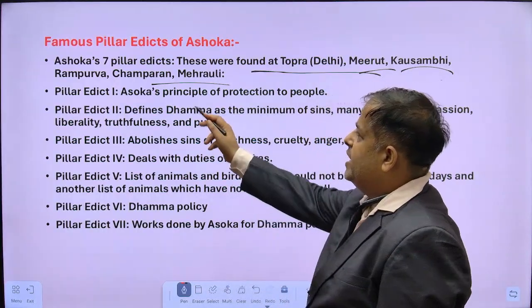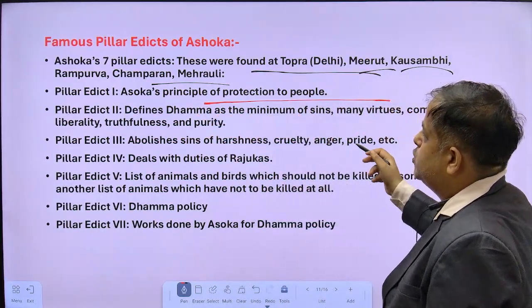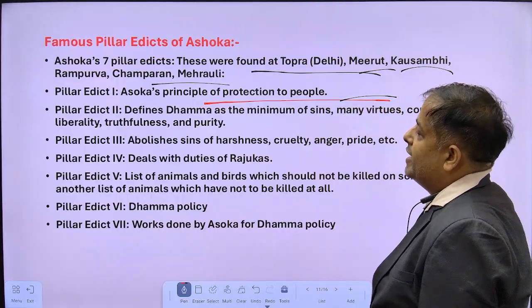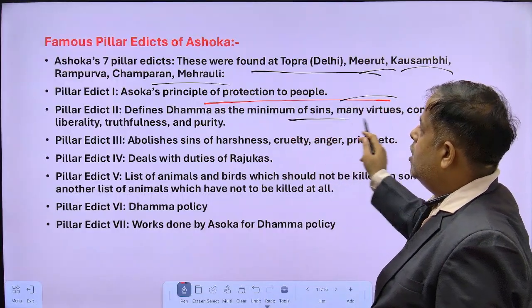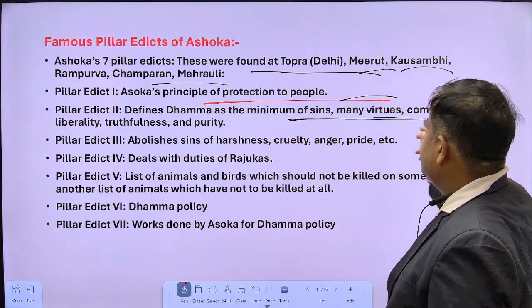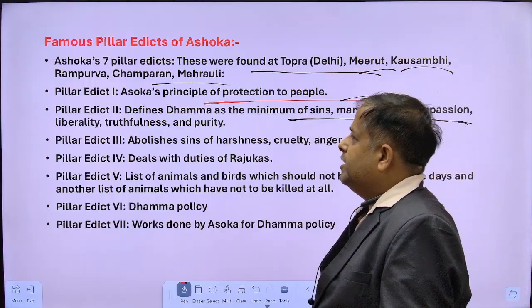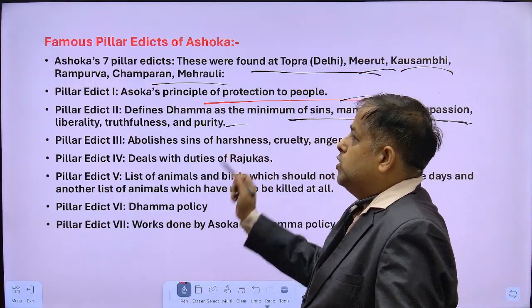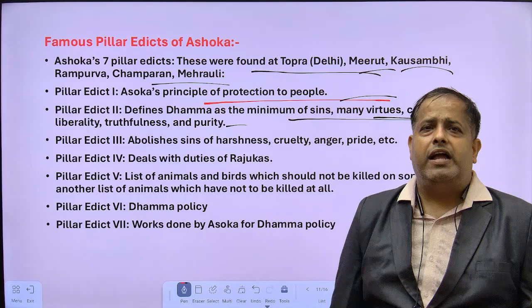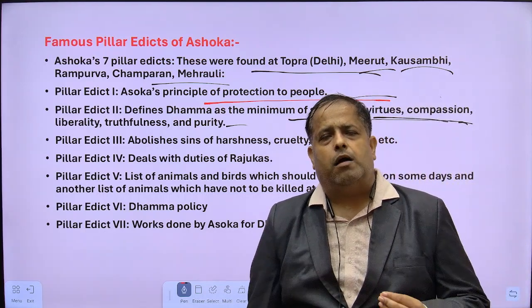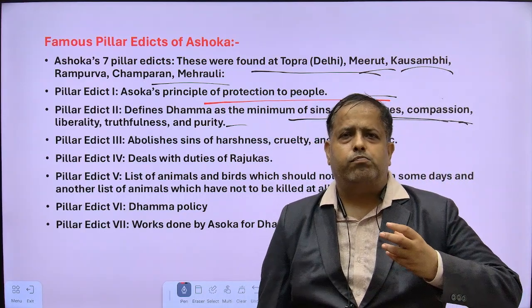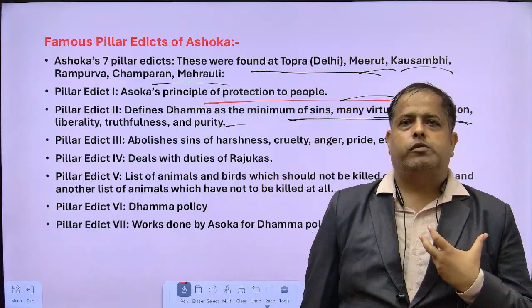So, beta, then pillar edict one: Ashoka's principle of protection of the people. Pillar edict two defines Dhamma as the minimum of sin, many virtues, compassion, liberty, truthfulness and purity. So beta, sometimes people say that dharma and dhamma are the same. Basically, dhamma means liberty which you can adopt.